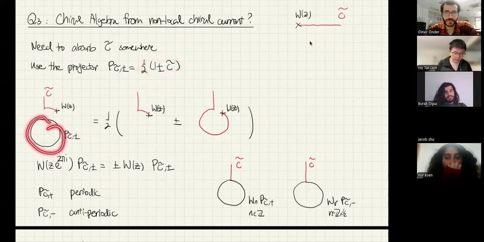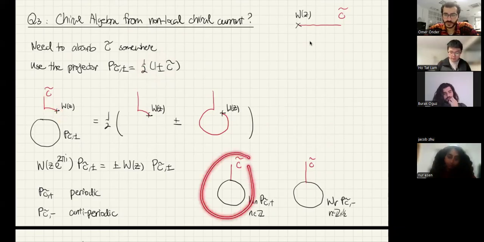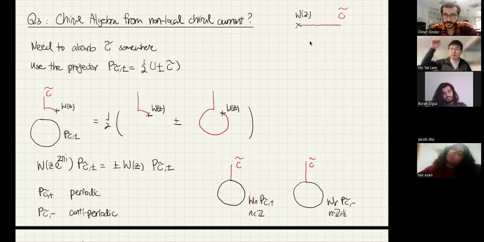Now with these projectors, we can push these non-local currents onto the projectors. When we push the non-local current onto the projector, we get something like this, but with the current attached to it. So the currents now actually live freely on the projectors. They can move around on the projectors. So the currents become local currents that live on these projectors.